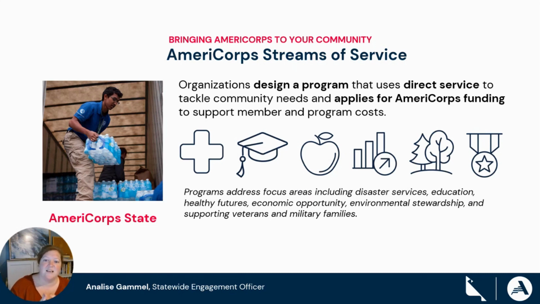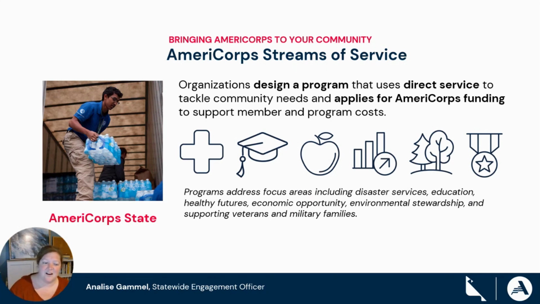For example, with VISTA, you don't pay your VISTA member directly; you pay a cost share that then AmeriCorps pays your VISTA with. So there's a difference there between NCCC and VISTA, where there's more of a funding relationship between your organization and AmeriCorps, the agency, versus AmeriCorps State, which is really thinking, okay, how do we bring members to your community program? You apply for funding to then support the members in their activities. We can get a little more into that.